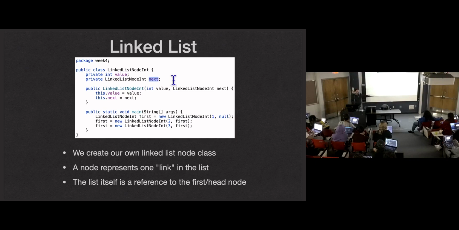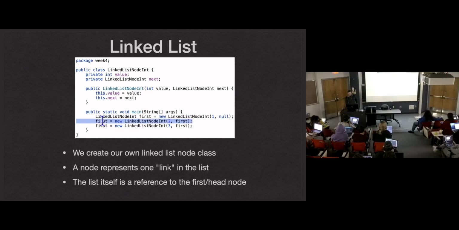We can navigate through the entire list. First we initialize this to a new linked list node with the value 1 and next of null. So this is effectively a linked list of size 1 that stores the value 1. Its next is null, so it's already the end of the list, and there's nothing else in the list.